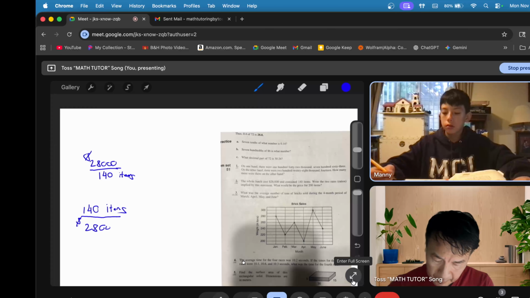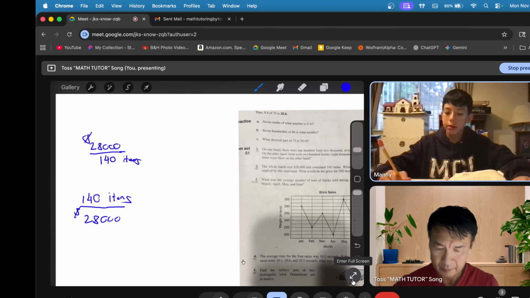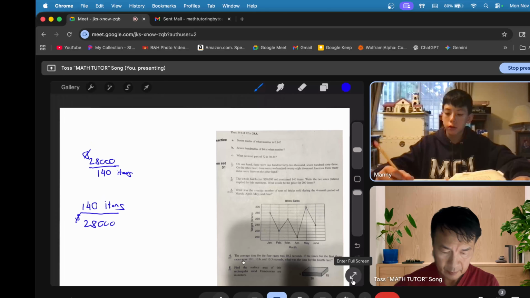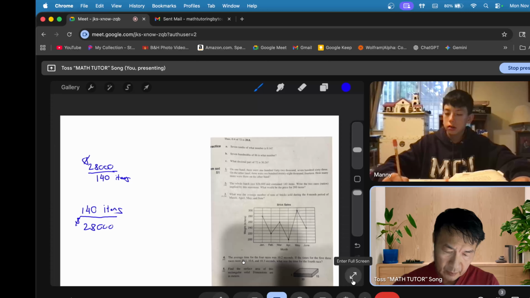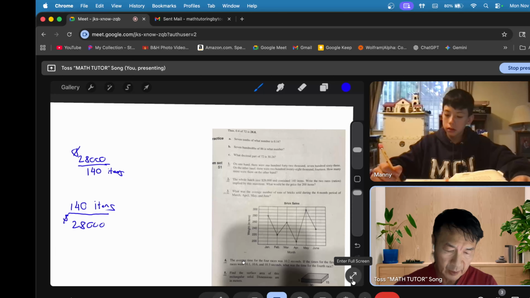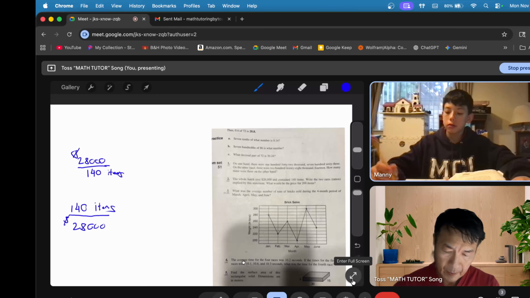You do 200 items times $28,000 over 140 items. Which one are you going to use to solve? $28,000 over 140 items. Okay. Good job.